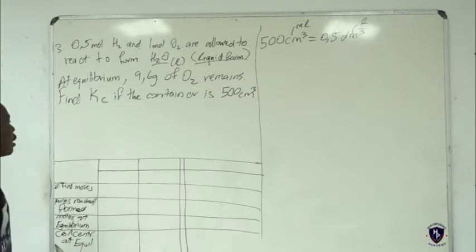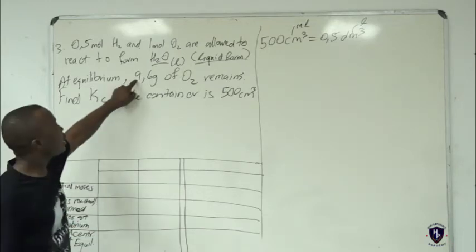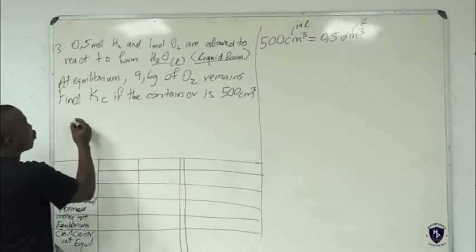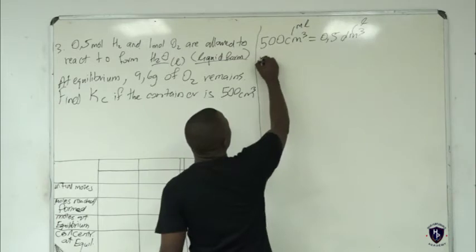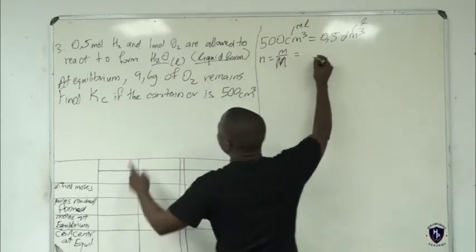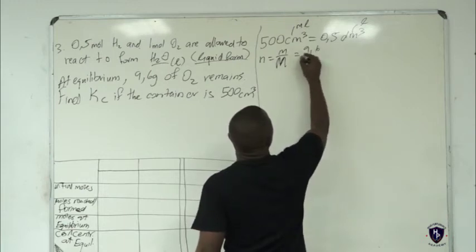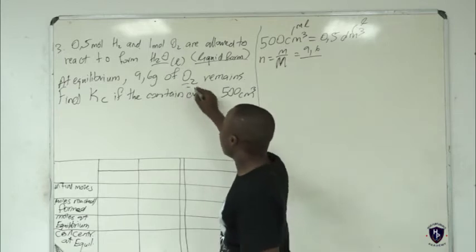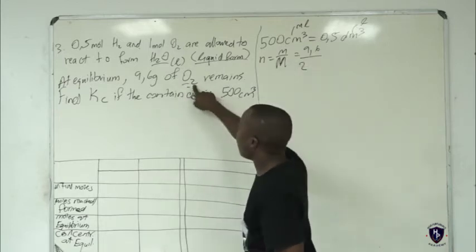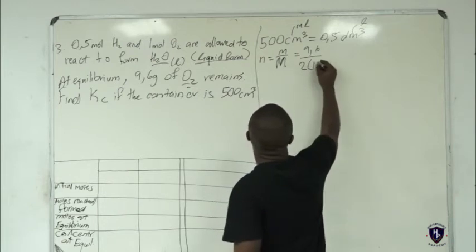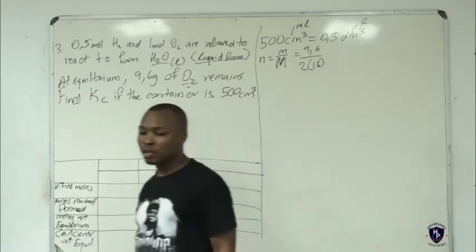Oqala wena into ofanele uyenze lana kufanele uconvert lo 9.6 ukuze abe in a form of ama moles. Okusho kona ukuthi number of moles azobe mass over molar mass. I-mass yakho u9.6 bese kuthi molar mass yakho ngoba oxygen okusho ukuthi 2 ngoba mabili ama atoms, it's 2 times 16, ngoba molar mass oxygen u16.